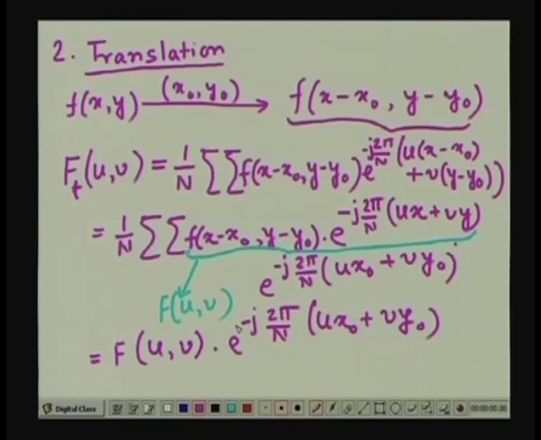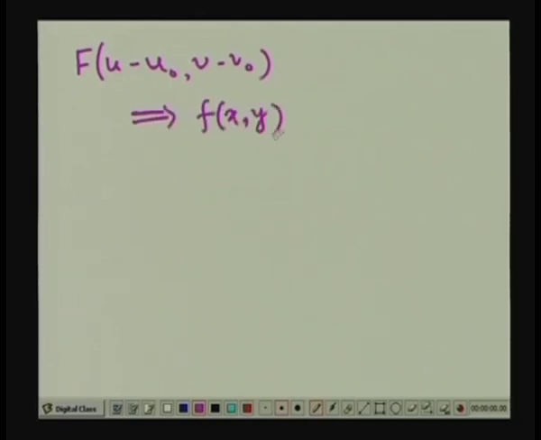In the same manner, if we talk about the inverse Fourier transformation, the inverse Fourier transformation of F(u minus u naught, v minus v naught) will give rise to f(x, y) e to the power j 2 pi by capital N (u naught x plus v naught y).